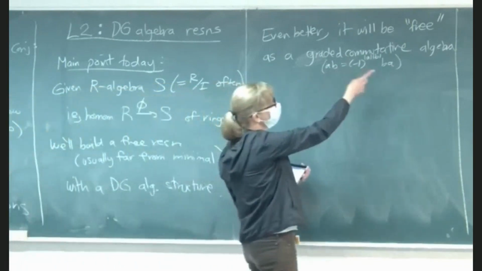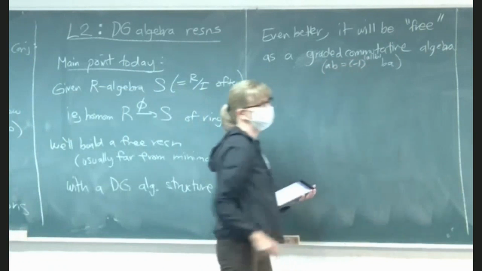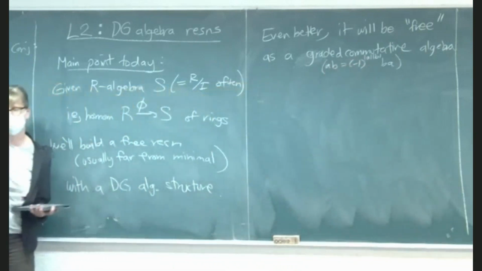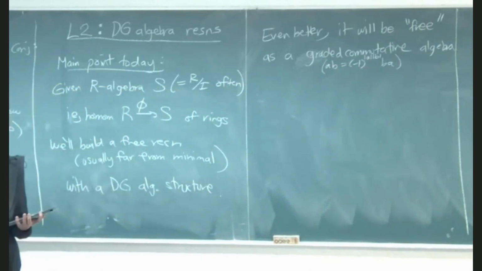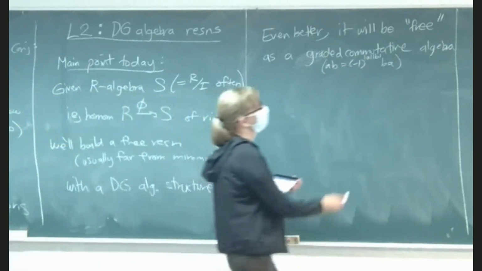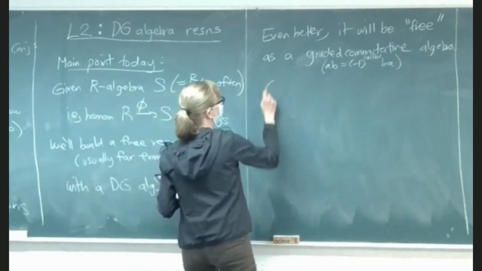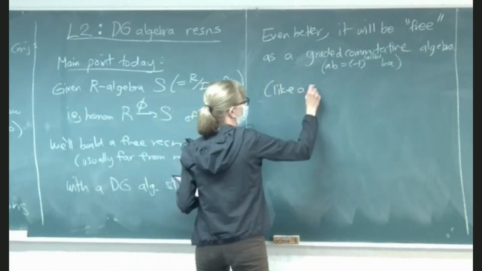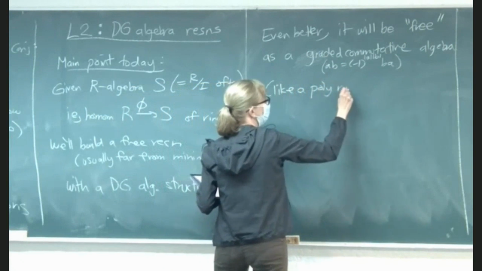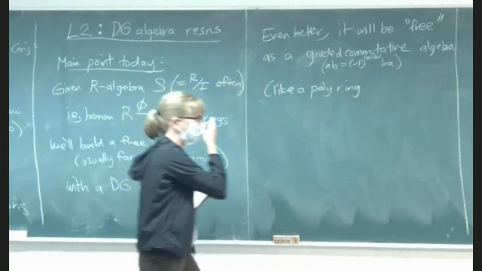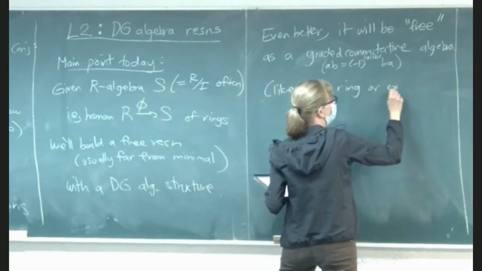So we do want some commutativity. So if you don't take the free algebra on variables that just do whatever, but if they actually commute or anti-commute, then that's like a polynomial ring, or exterior algebra.